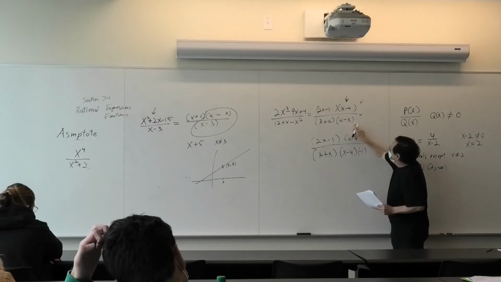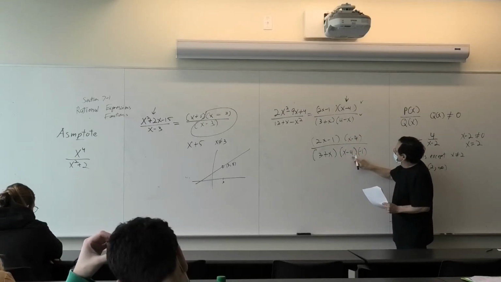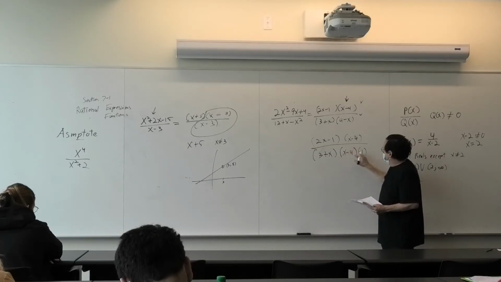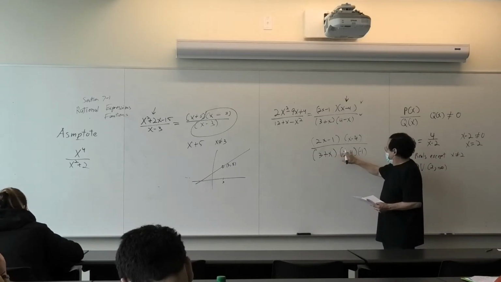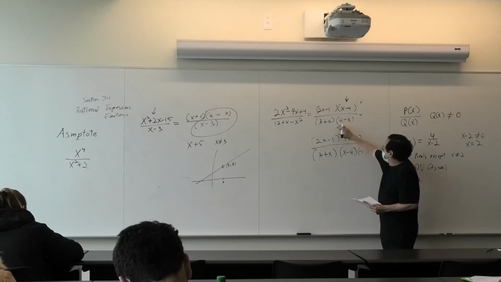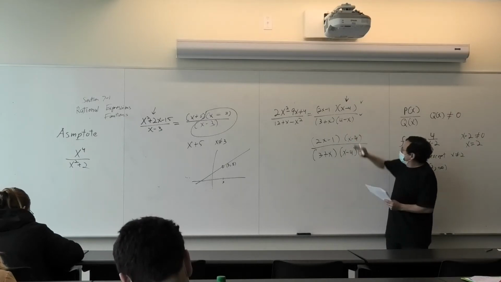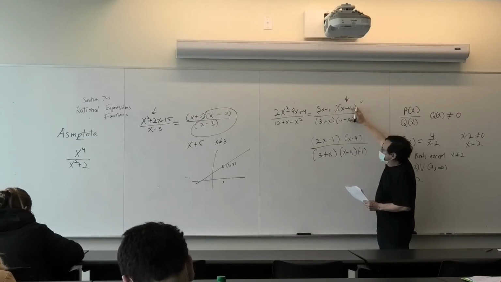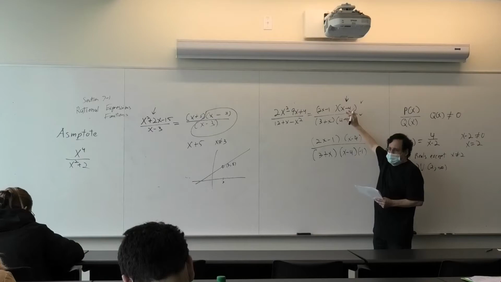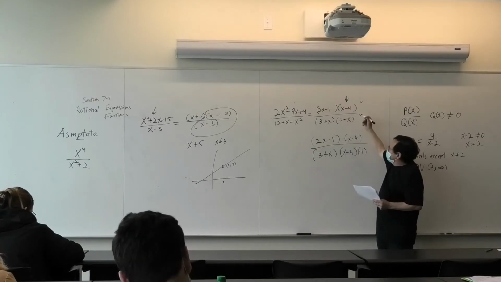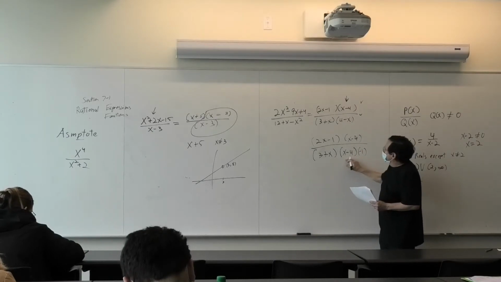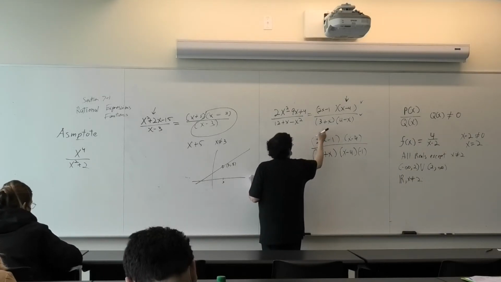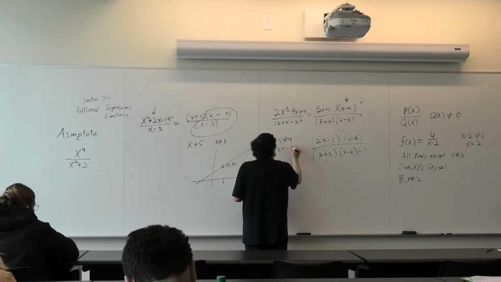I rewrote 4 minus x as x minus 4 times minus 1, because if I were to distribute this minus 1, I'd get minus x plus 4, or 4 minus x. I just want you to see that even though these look different, when they divide out, instead of 1, you get minus 1. We still have that problem that x cannot be 4, and x cannot be minus 3 here.